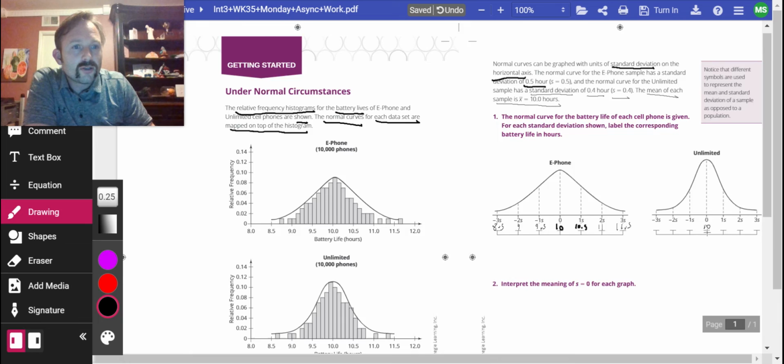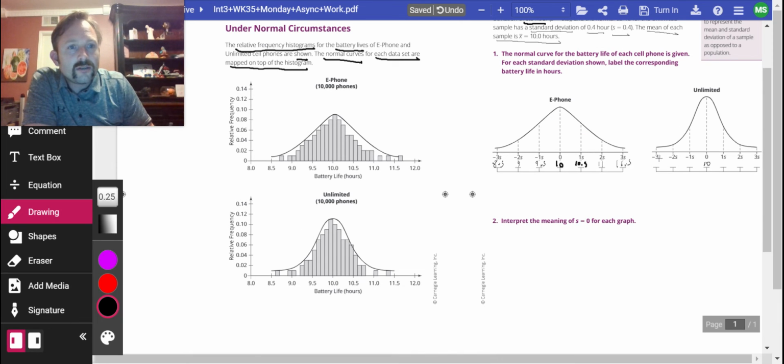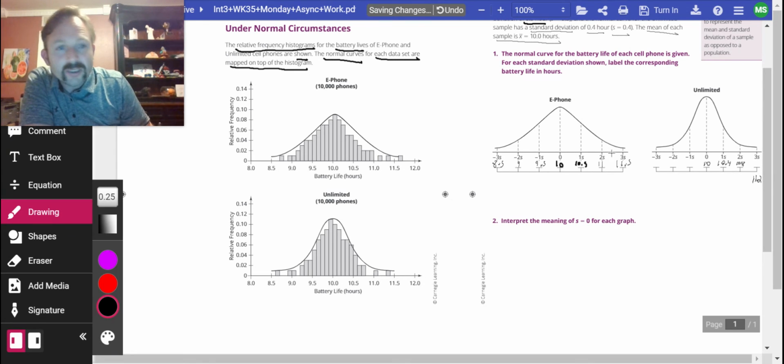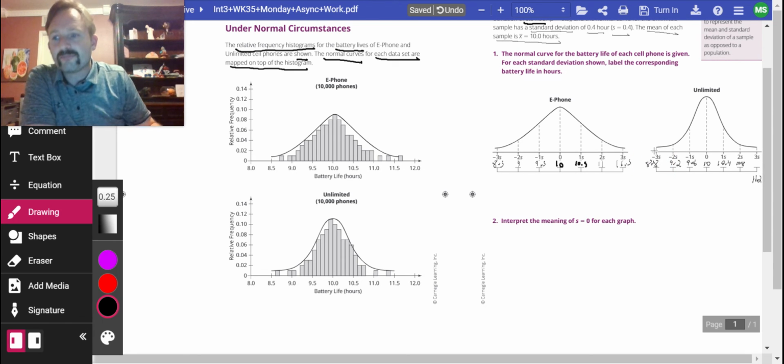This would be 10.4, 10.8, and then 11.2. Over here, we'd be going down to 9.6, 9.2, and then 8.8.